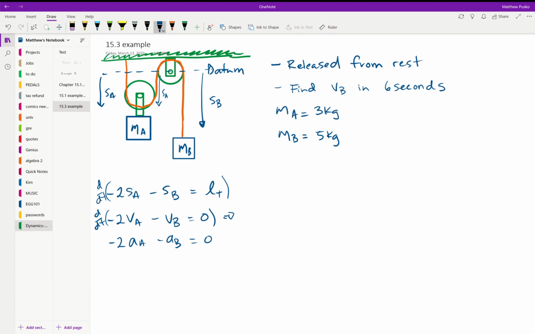We can rewrite each of these as 2 times the velocity of A is equal to the minus velocity of B. In other words, twice as fast but in the opposite direction. And this one's accelerating twice as fast but in the opposite direction of B. Okay, let's hold on to these equations right here.